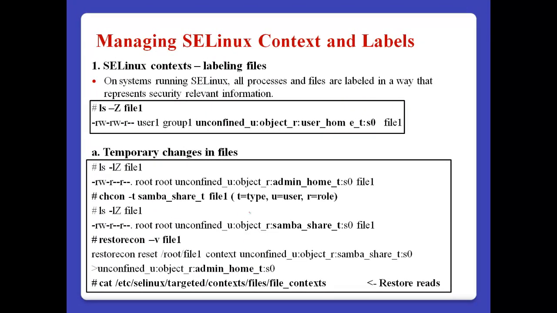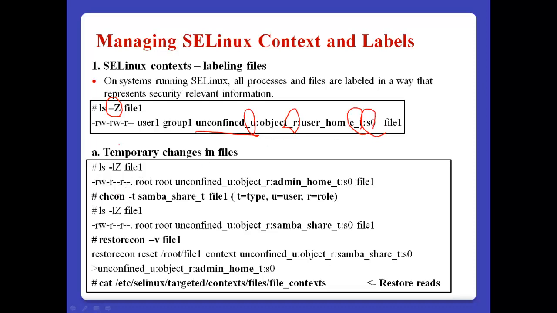Okay, managing SELinux context and labels. Number one, SELinux context labeling files. If we are running SELinux, we can use this kind of option, -Z. If you see, then unconfined user, object role, user home type, and the label like this.